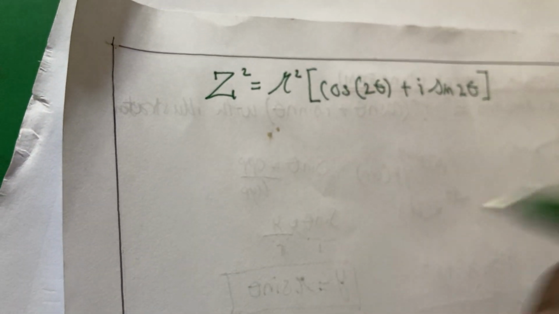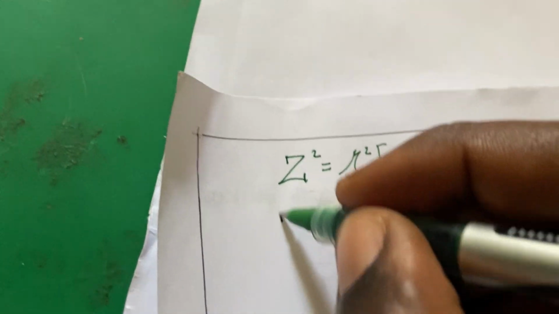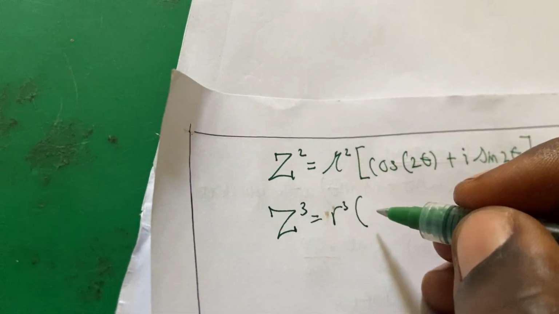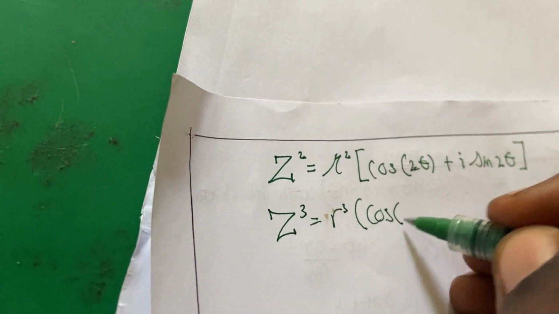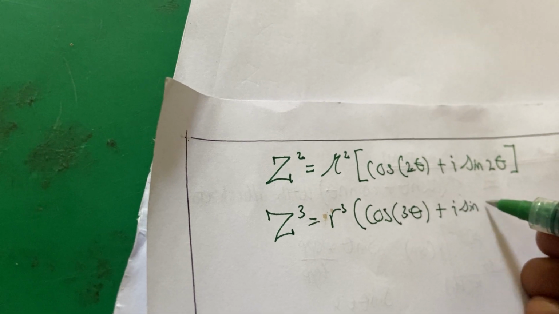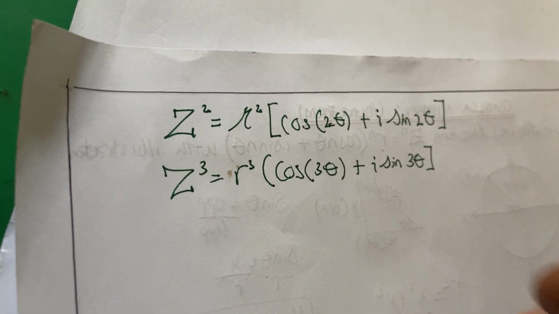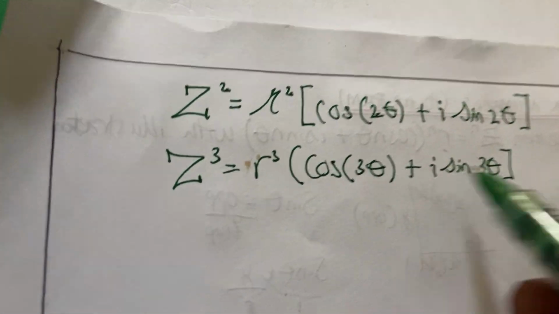Right, let's say we have multiples of 3, multiples of 4. If it's to the power of 3, we're having z to the power of 3, r to the power of 3, cos, look at this 2, this 2, this 2, so this will be 3 theta plus I sin 3 theta. So if this power changes, this will change, this will change.